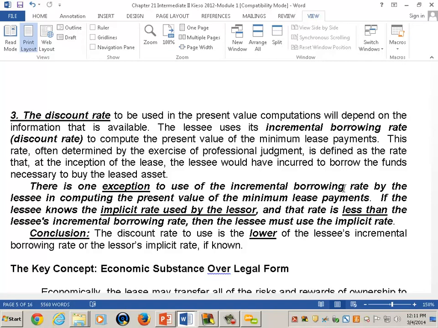So when you look at your discount rate, it's got to be the lower of the incremental borrowing rate or the lessor's implicit rate, if known.